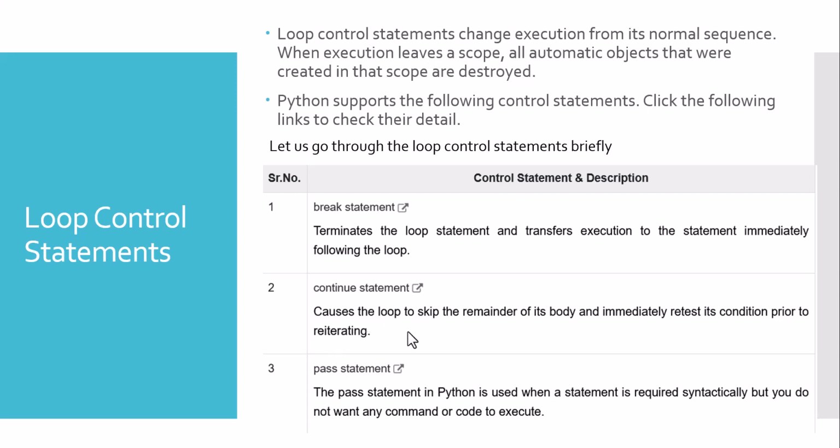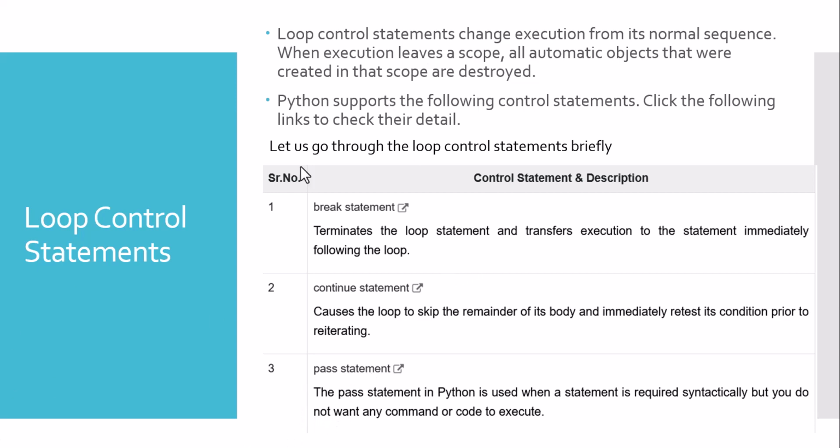Continue causes the loop to skip the remainder of its body and immediately retest its condition prior to reiterating. The pass statement in Python is used when a statement is required syntactically, but you do not want any command or code to execute. Okay, means you don't want to execute manually and you can pass directly. Then it is going to use the pass statement.